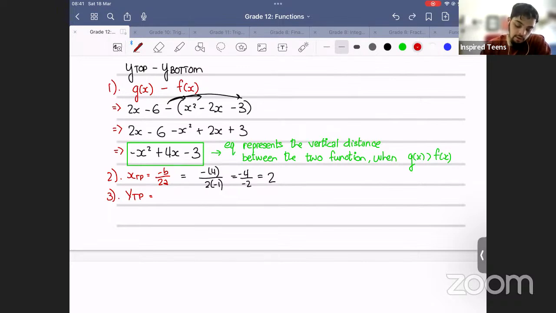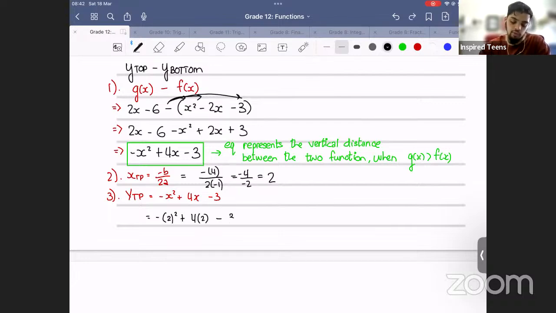Okay, so this is equal to negative x squared plus 4x minus 3. Substitute 2, because that's the x turning point: negative 2 squared plus 4 open brackets 2 minus 3.